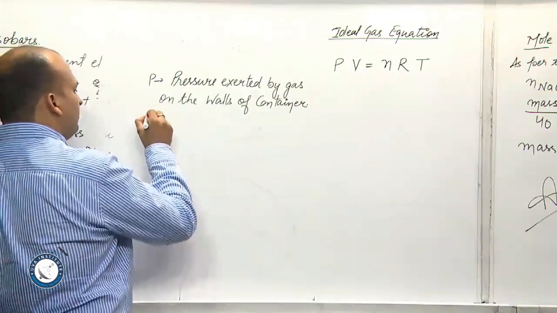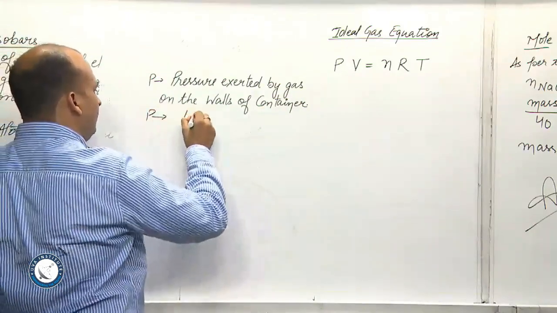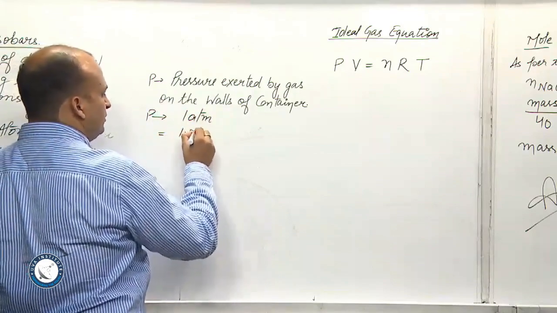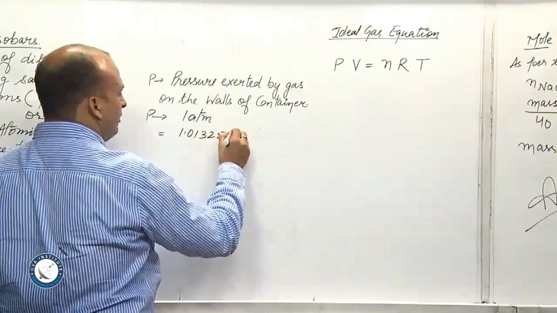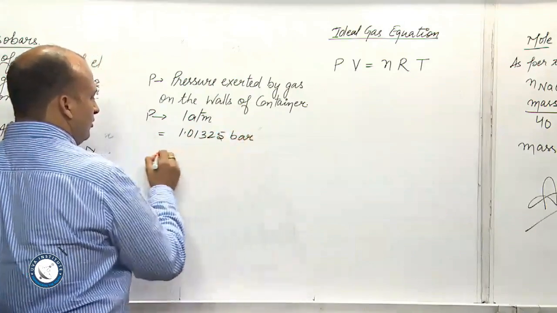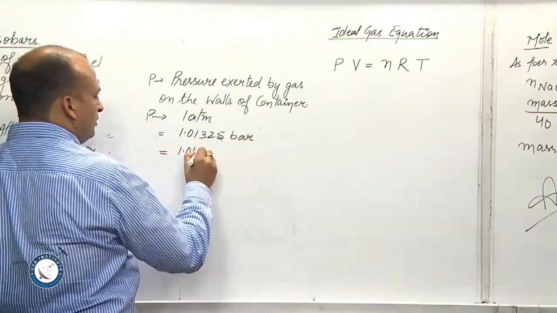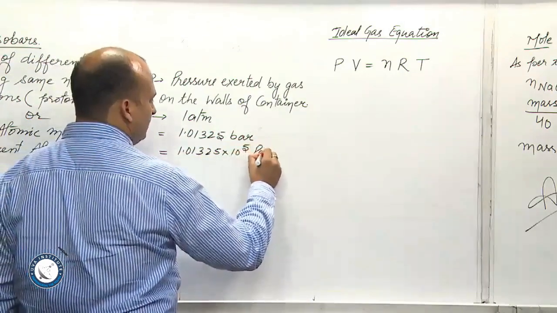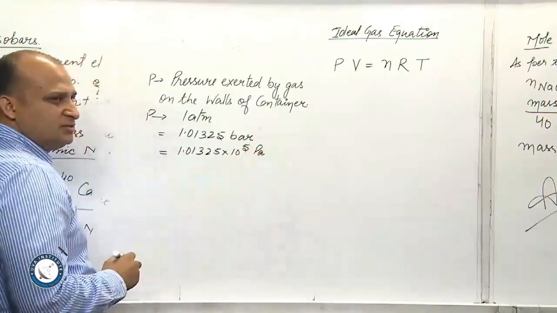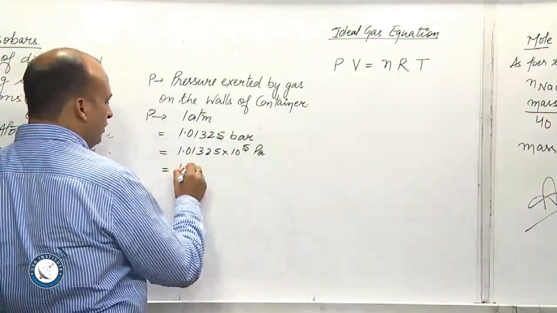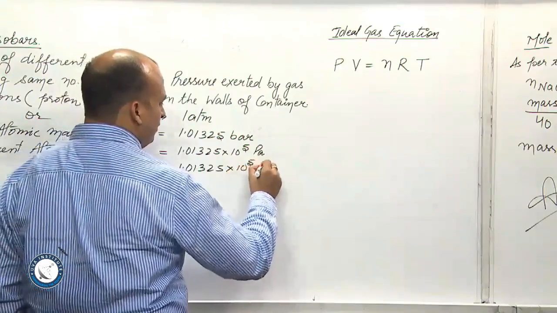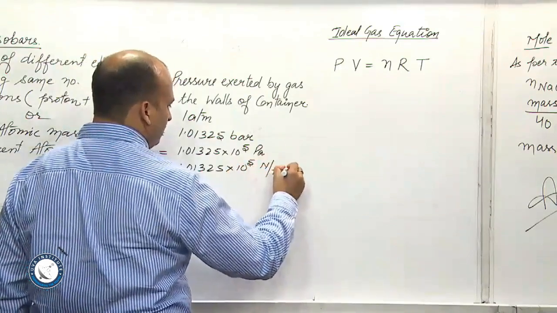Now, what is the unit of pressure? It can be 1 atmosphere, which is 1.01325 bar, or 1.01325 into 10 raised to power 5 pascals. PA stands for Pascal, or 1.01325 into 10 raised to power 5 Newton per meter square.